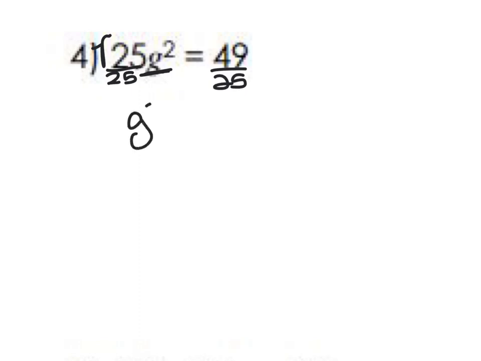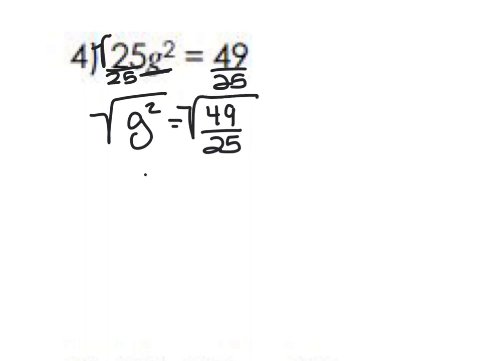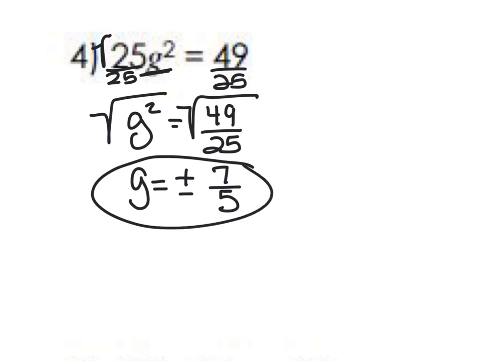So G squared equals 49 over 25. To get rid of the square, I have to take the square root. If I do it on one side, I do it on the other. So G equals plus or minus, don't forget the plus or minus, the square root of 49 is 7, and the square root of 25 is 5. So there are your two solutions.